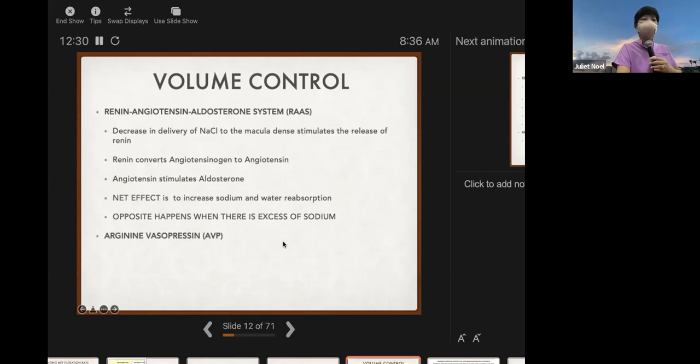Whereas for vasopressin or the antidiuretic hormone, hypovolemia is a non-osmotic stimulus for the ADH to be secreted from the hypothalamus and the pituitary.